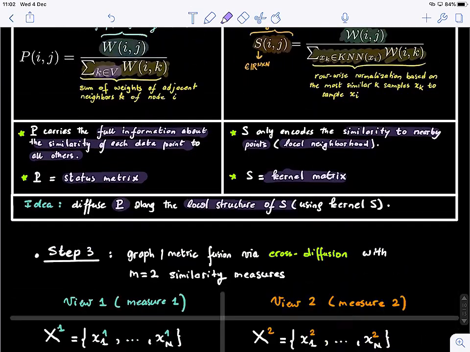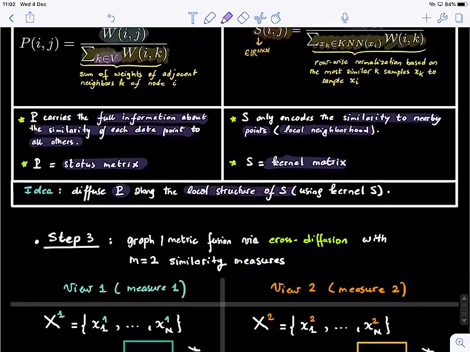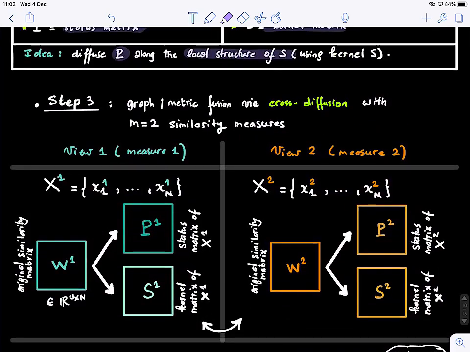After building the S and P matrices, the next step is to do the cross-diffusion. How is this done? Given that we have two similarity measures, in step 3 we're looking at only two graphs. We have our data set, and one is the type or view of the data: view 1, measure 1, and view 2, measure 2.